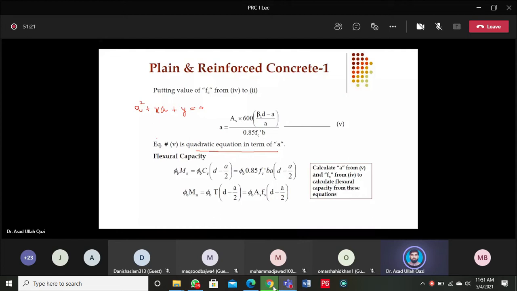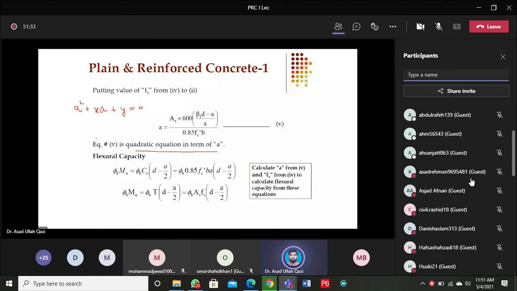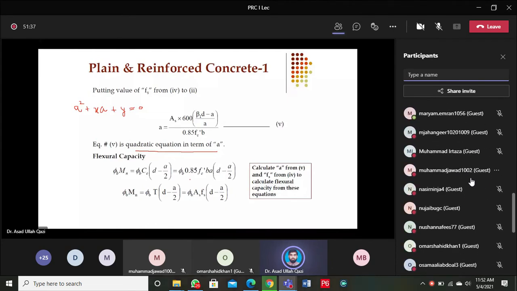So you will select the positive from that quadratic equation and then use that a to determine the capacity of the cross section, either with C into lever arm or T into lever arm with phi 0.65 and calculated Fs from this equation.